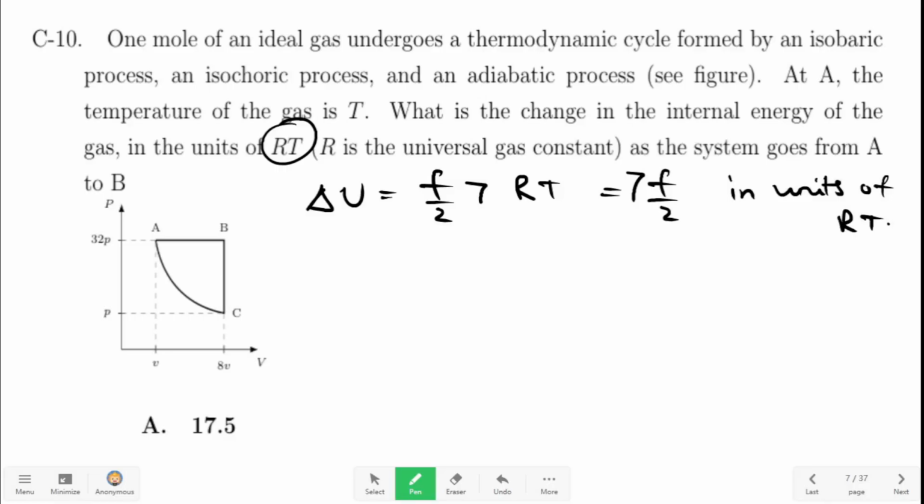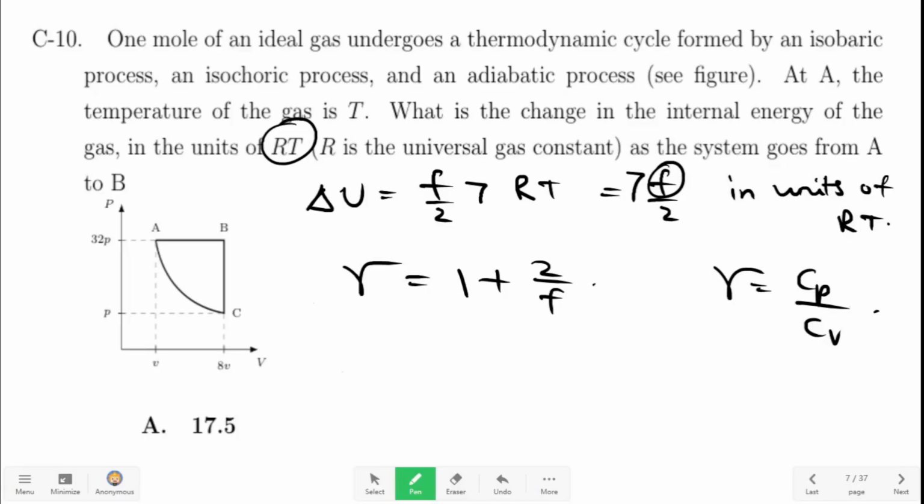Now we have to substitute the value of f. f is degree of freedom. To find degree of freedom we can use the relation between adiabatic index and degree of freedom. Gamma is equal to 1 plus 2 by f. This is the relation between degree of freedom and adiabatic index. Adiabatic index gamma is equal to Cp by Cv.